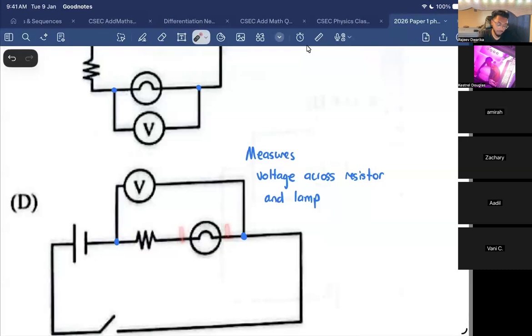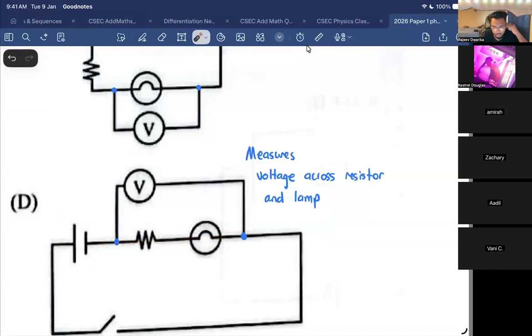If I am supplying a voltage across the whole circuit, then when I add up this voltage and this voltage, it's going to be equal to the voltage I supply. So when we measure this, we actually measure the voltage of the battery.